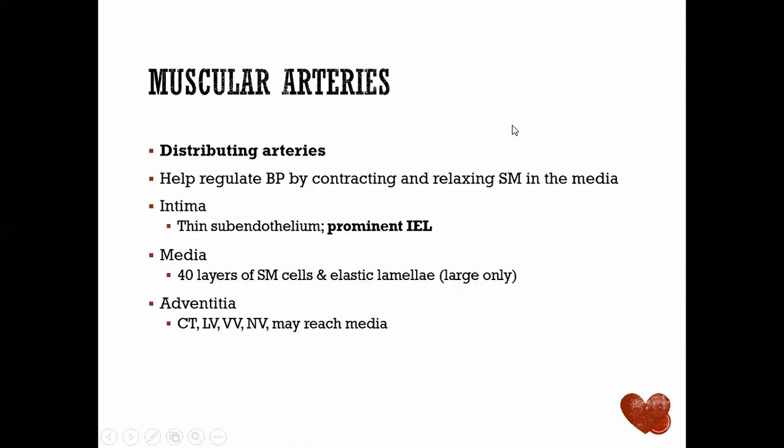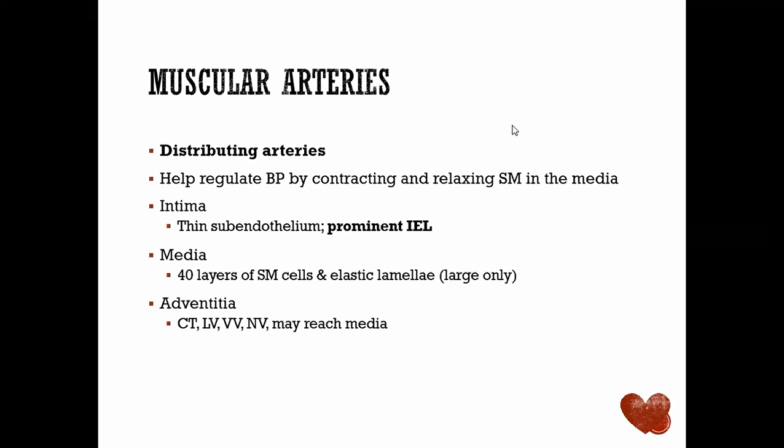Okay, now let's go to the next level of arteries. After your elastic arteries, which basically are the big arteries, you have your muscular arteries. They are called distributing arteries because they help regulate the blood pressure by contracting and relaxing smooth muscle in the media. They distribute the blood. And then you have your intima.